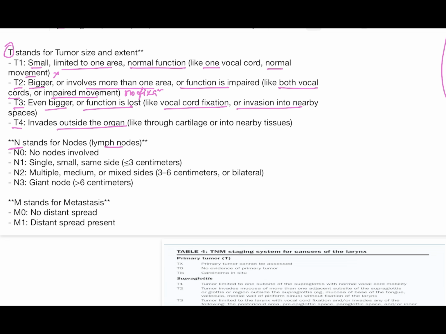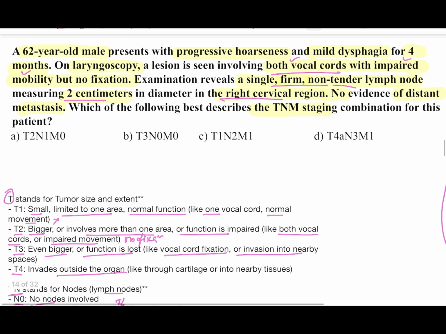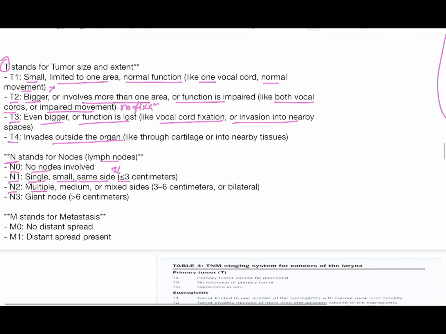What is N? N is for the lymph nodes. N0 means no lymph node involvement. N1 means single small same side, ipsilateral, and less than 3 cm. So in the question also they mentioned 2 cm and the right side, non-tender, single. So this will be our N1. N2 means multiple lymph nodes, medium size and mixed-sided, 3 to 6 cm, or they can be bilateral.